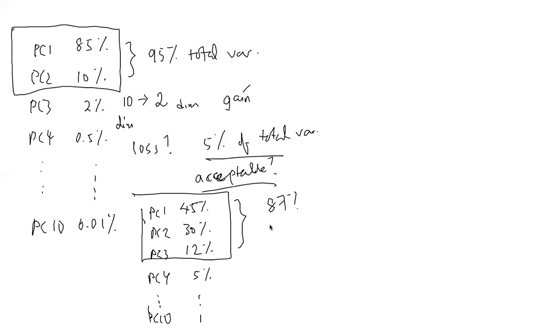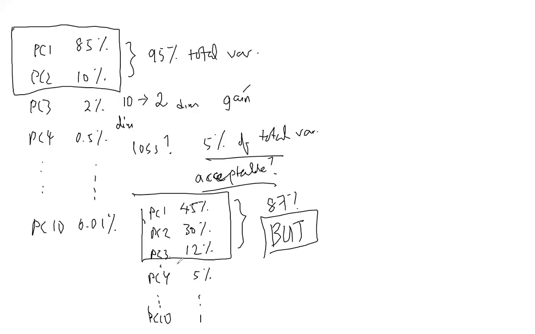But this is just a general guide for how many principal components you should keep. Sometimes a principal component that explains a smaller percentage of variation can actually be important for separation.